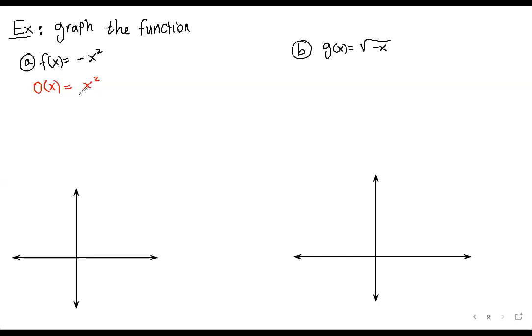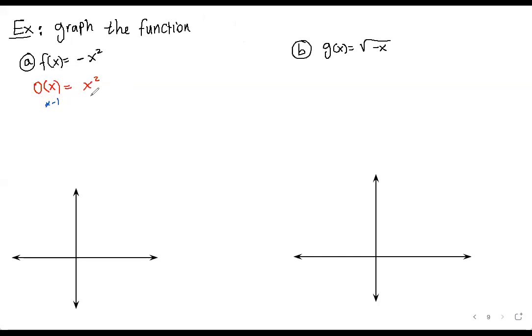Now I have to modify this function such that I make a function similar to the f of x. So what do I have to do now? What do I have to do to make this function similar to the f of x? Multiply by -1.